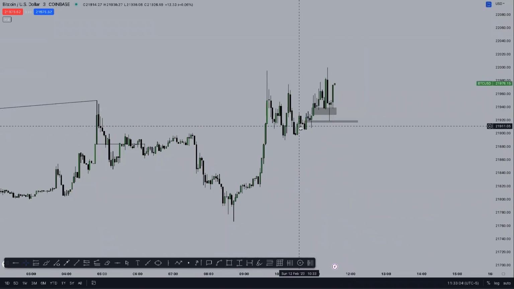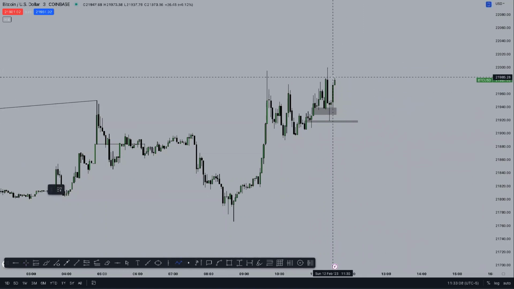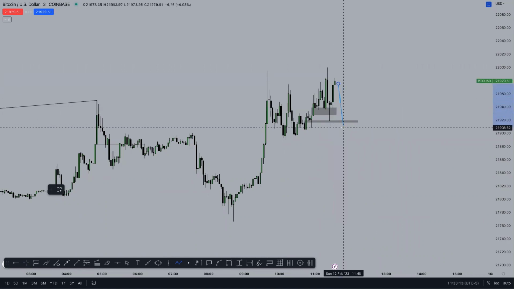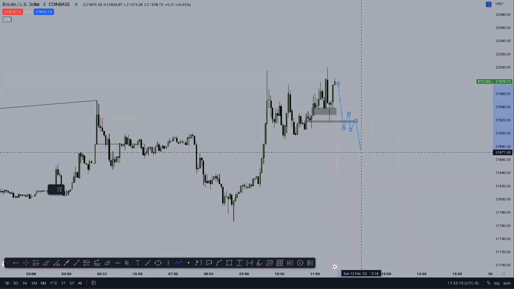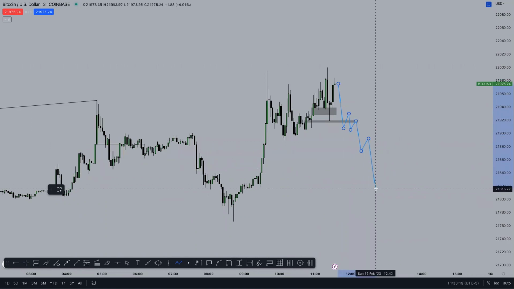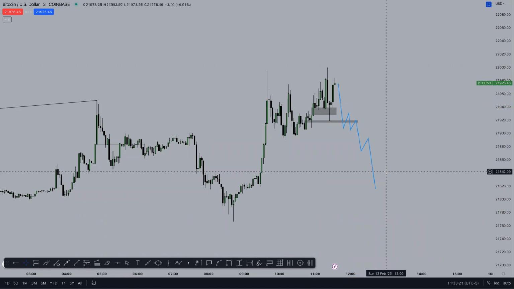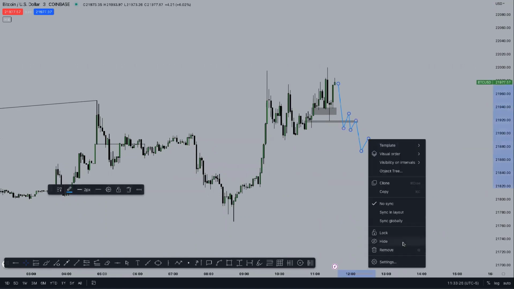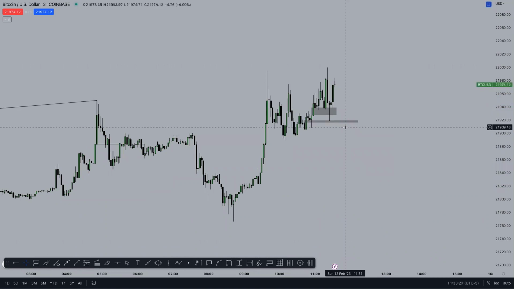Hypothetically, because clearly there's no confirmation as of yet, if it's going to go down, it's going to go down like this. Like that. Because that's the way in which you will be observing price.